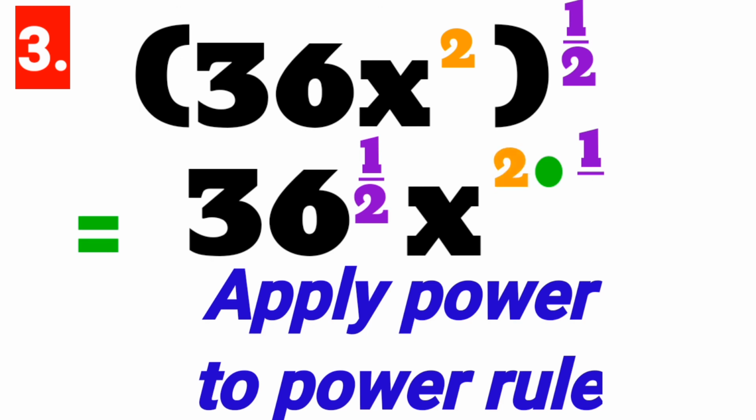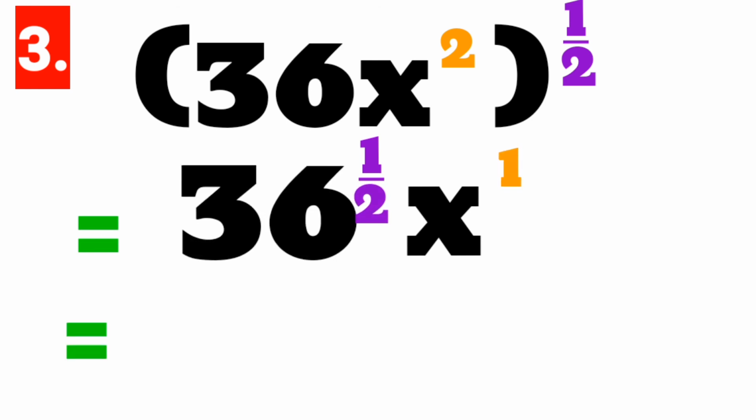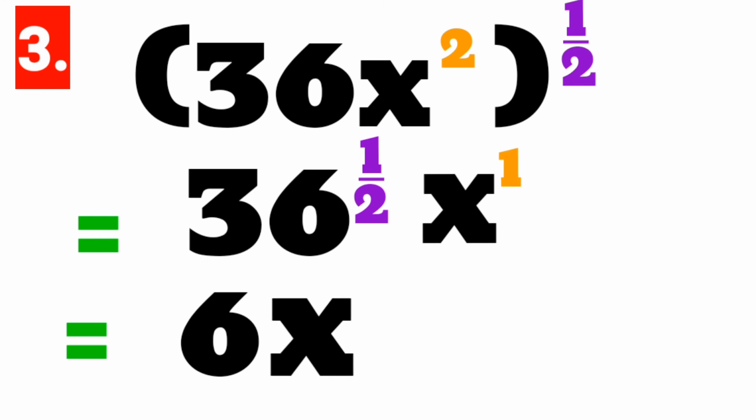Then 2 times 1/2 power is equal to 1. The square root of 36 equals 6. And x raised to 1 is just x. And the final answer is 6x.